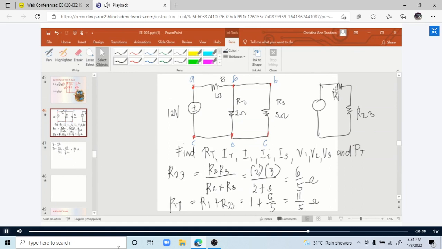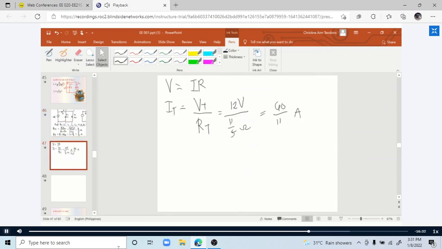Therefore, I can say that my I1 and my I23 are equal to my I total. Therefore, my I1 is equal to my I total, which is also equal to 60 over 11 amperes.